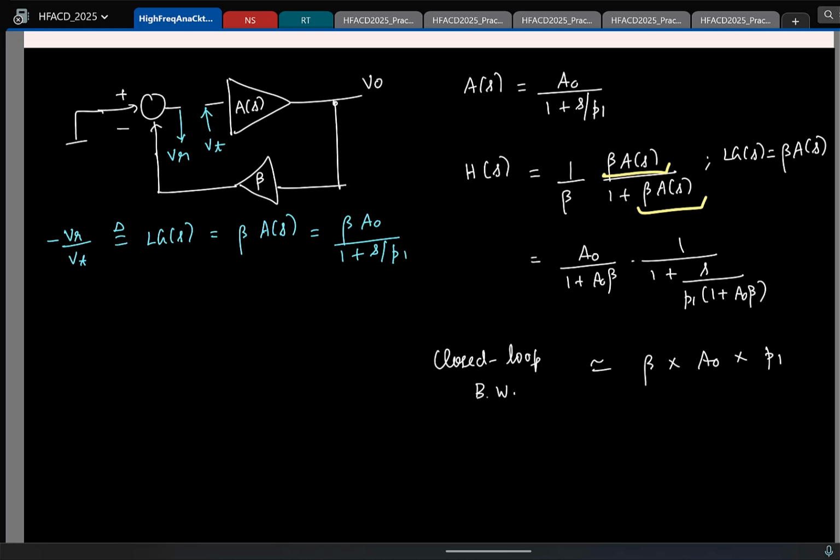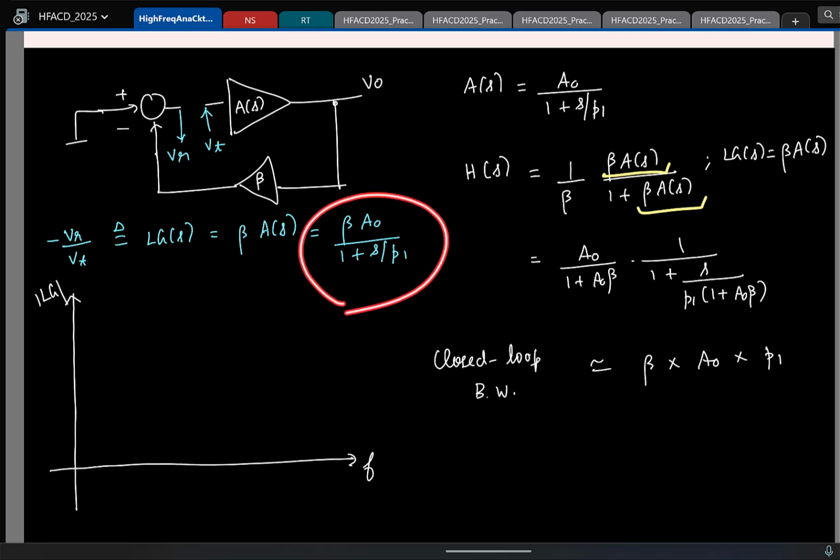Okay, so let me try to sketch it. This is the magnitude of the loop gain versus frequency. At DC, what is the value of the loop gain? At S equal to 0, it is beta times A naught.